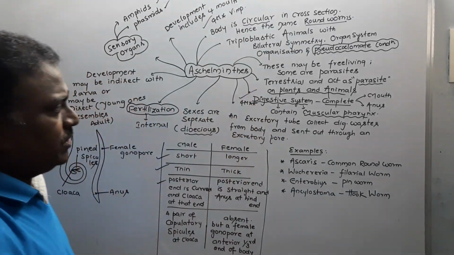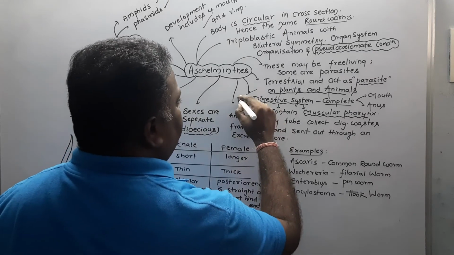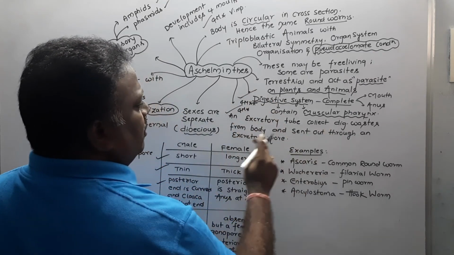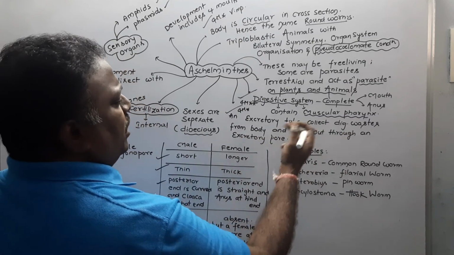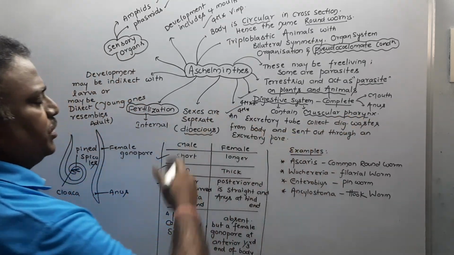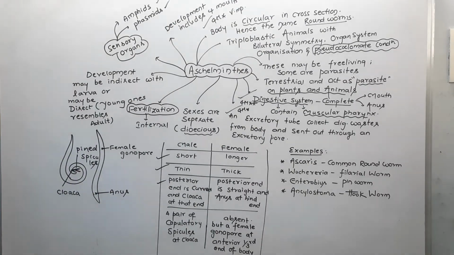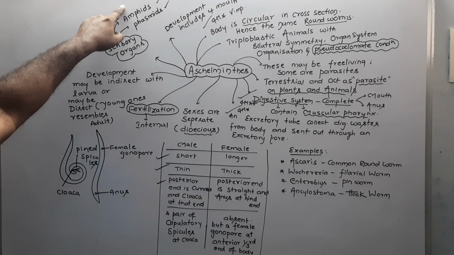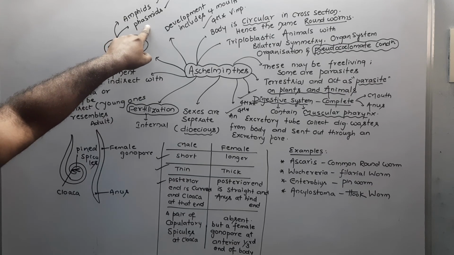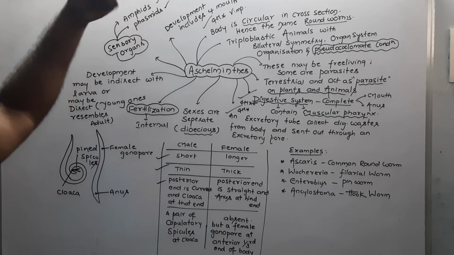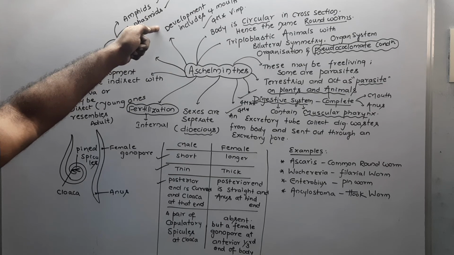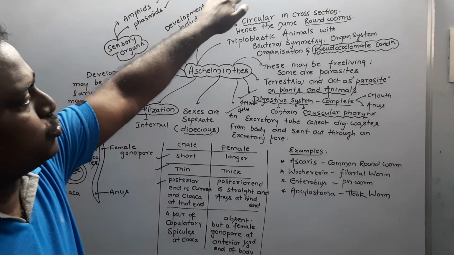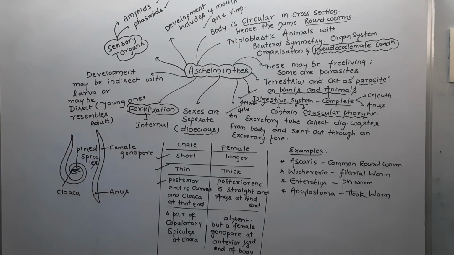An excretory tube collects waste from the body and sends it out through an excretory pore. The sense organs are amphids, anterior chemoreceptors, and phasmids, posterior glandulosensory structures. In indirect development, the larva undergoes 4 moultings to become an adult.